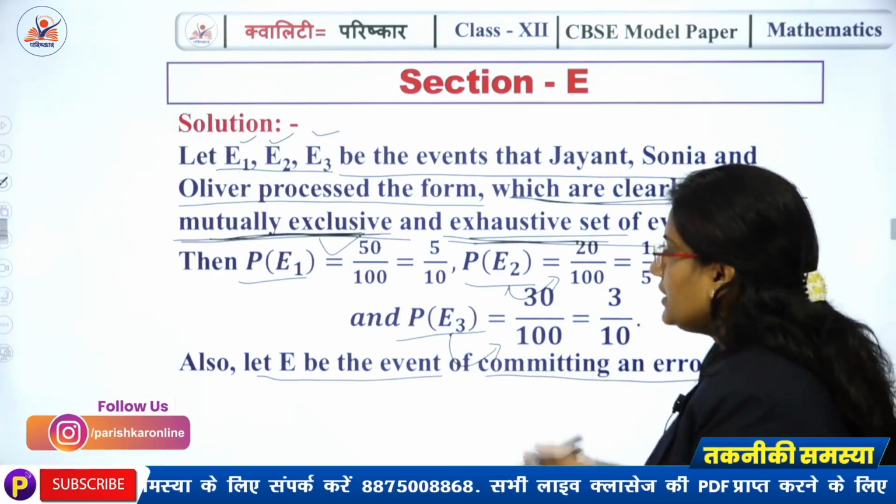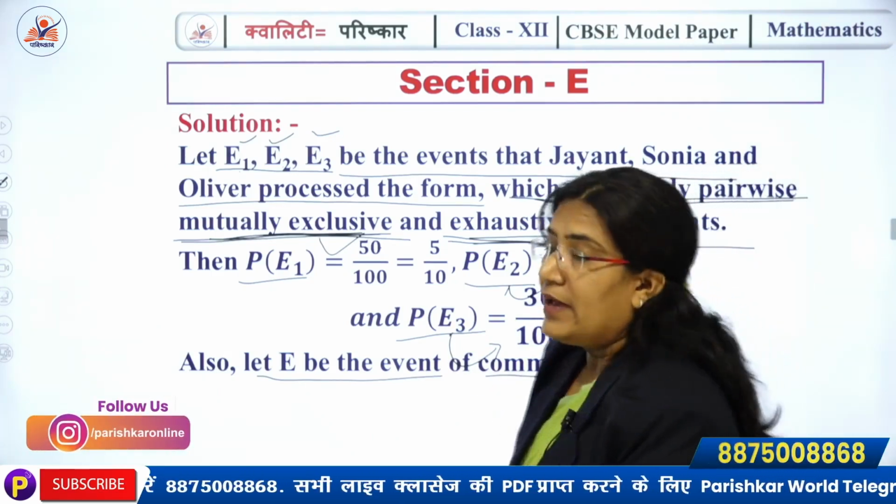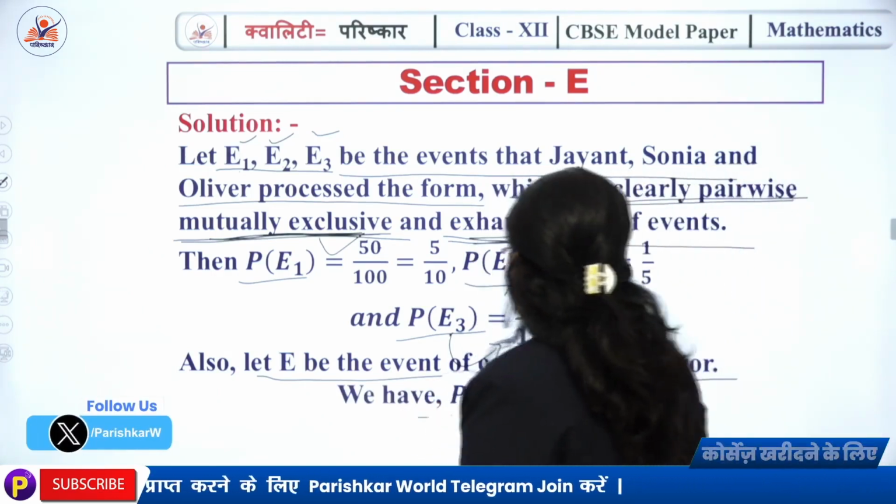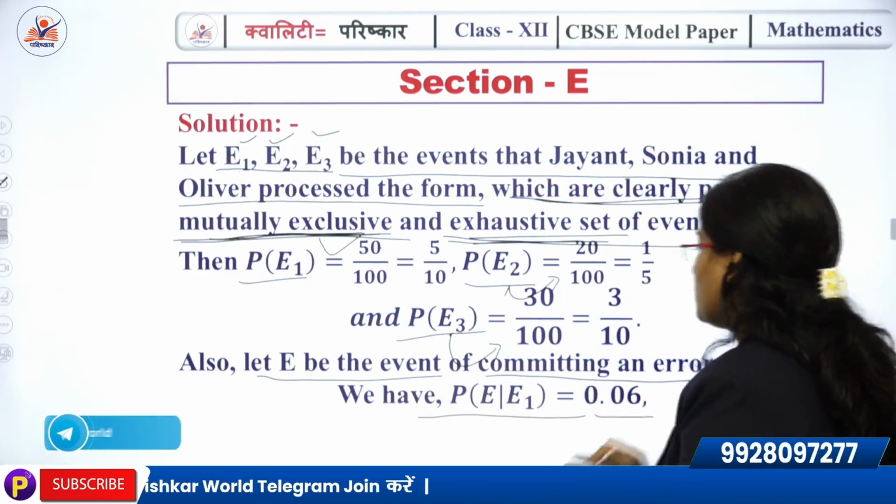हमने मान लिया कि E एक ऐसा इवेंट है जो एरर को रिप्रेजेंट कर रहा है, एरर कमिट करने को रिप्रेजेंट कर रहा है. We have probability of E by E1 is equal to 0.06. What is E by E1?